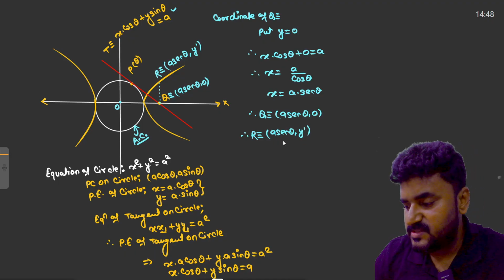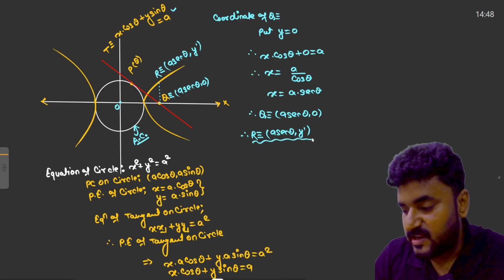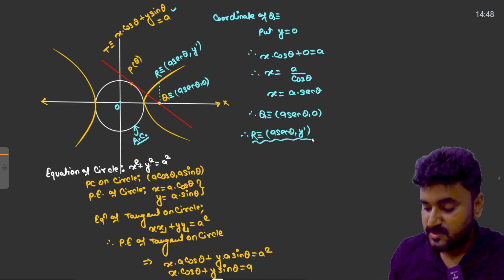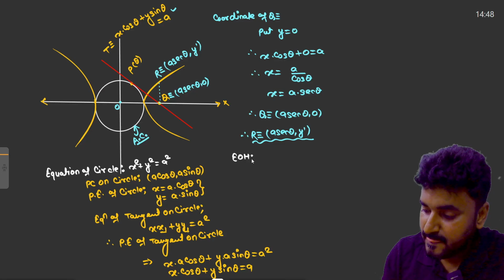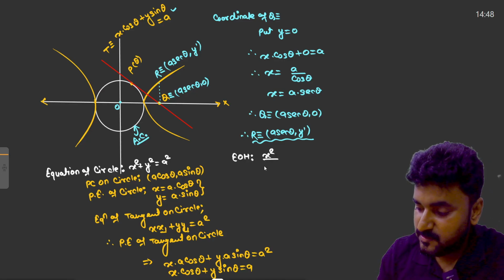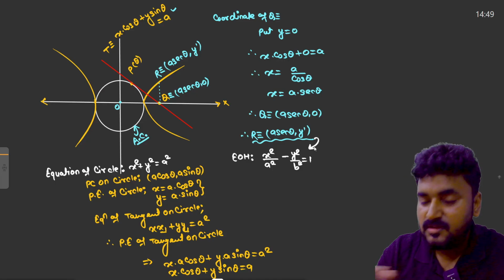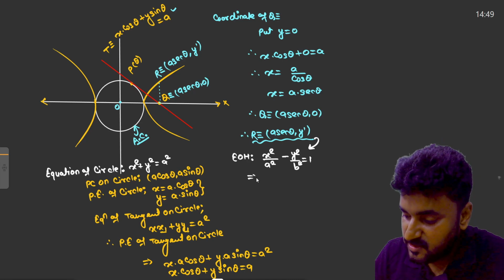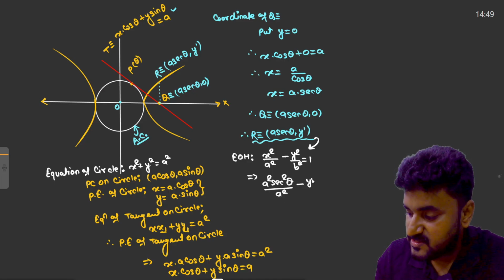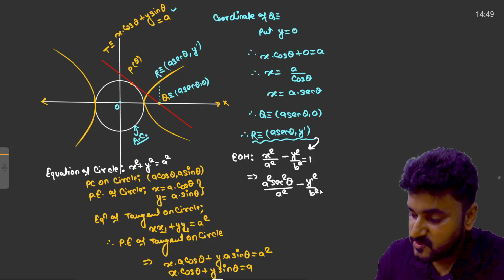So you can see that this R coordinate is lying on the equation of the hyperbola. So you have the equation of the hyperbola: x square by a square minus y square by b square equals 1. On this I will put the value of R. So this is coming a square sec square theta by a square minus y dash square by b square equals 1.